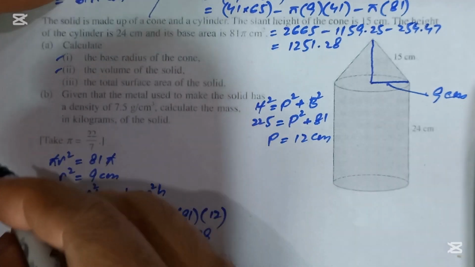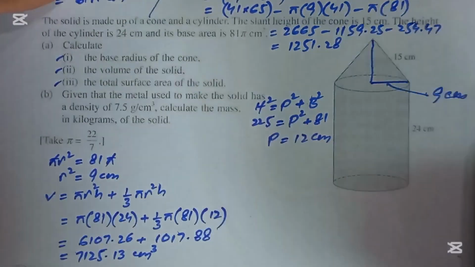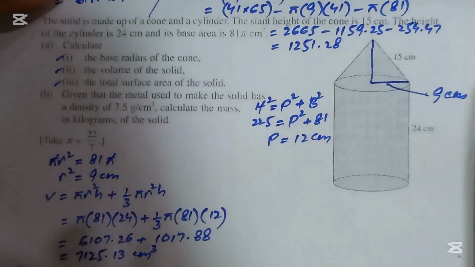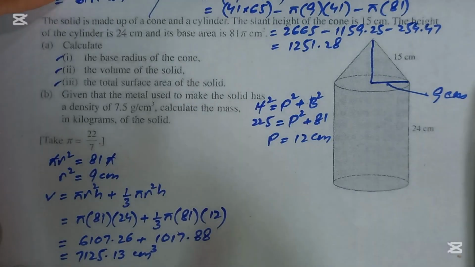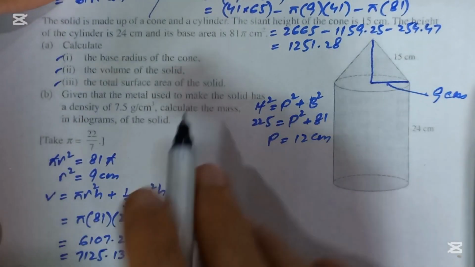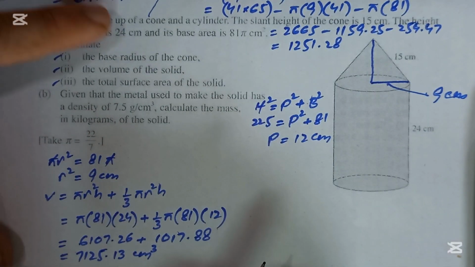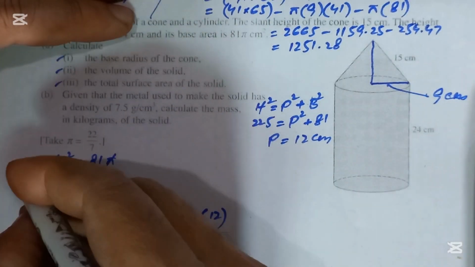Okay, beta. Next part is the total surface area of the solid.